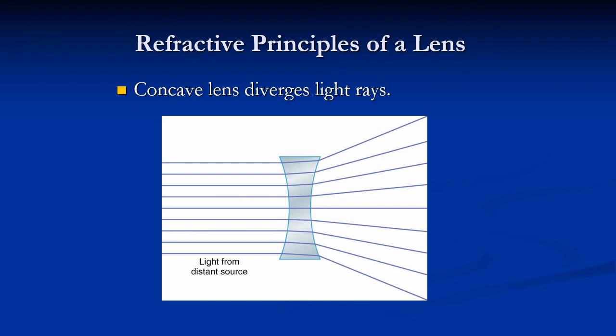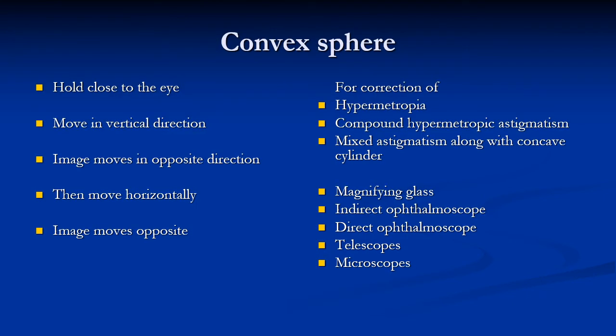A concave lens diverges light. So how do you identify a convex sphere? This has been covered in your clinical classes, but just to know, you hold the lens close to the eye, move it in the vertical direction as well as the horizontal direction, and see where the image of the object moves.